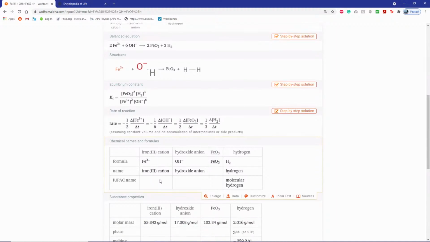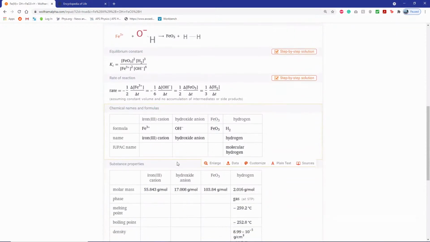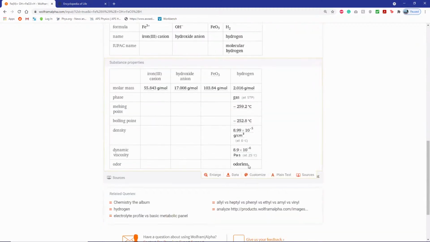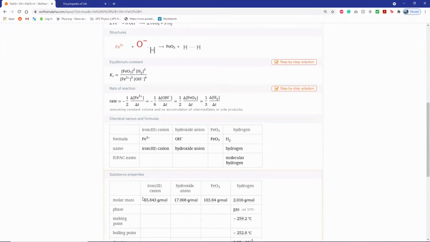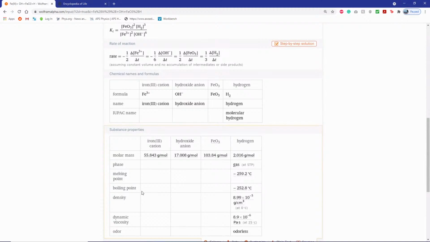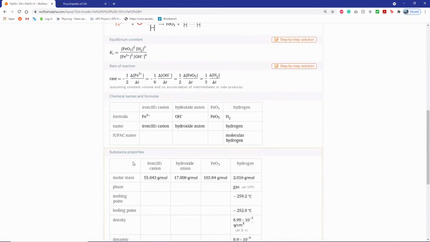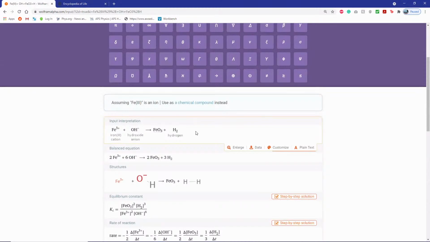This is oxidation. There'll be an equilibrium, and you can look at all the information for it, like its molar mass, things like that. It's hydrogen, odorless, interesting stuff like that. I don't know why there isn't anything for iron. Maybe it's because I'm looking at iron 3, not just iron.